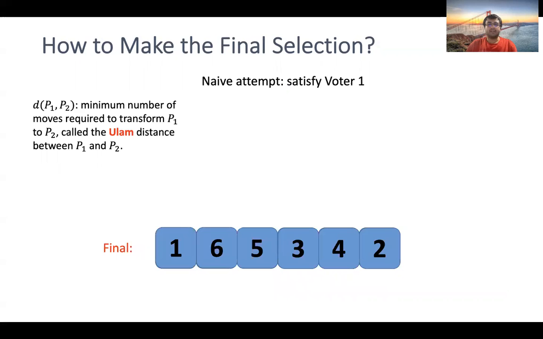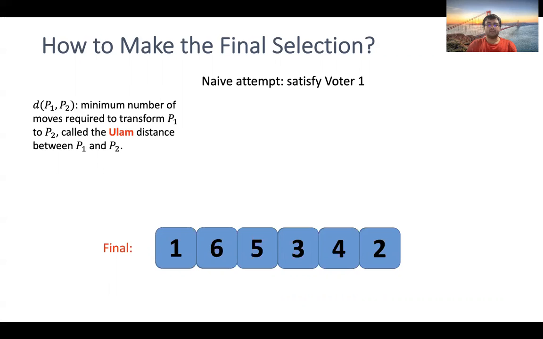Now we formally define what distances between permutations are. For permutations P1 and P2, the Ulam distance is the minimum number of moves we require to change permutation P1 to P2. In fact, this is symmetric and satisfies the triangle inequality. And further, the distance between a permutation and itself is 0. Hence, this is not just a distance function, but actually a metric.